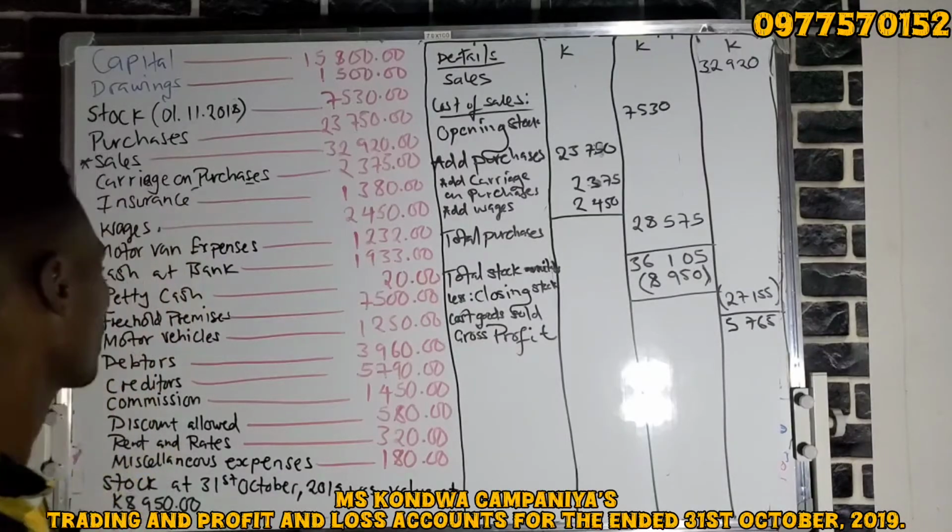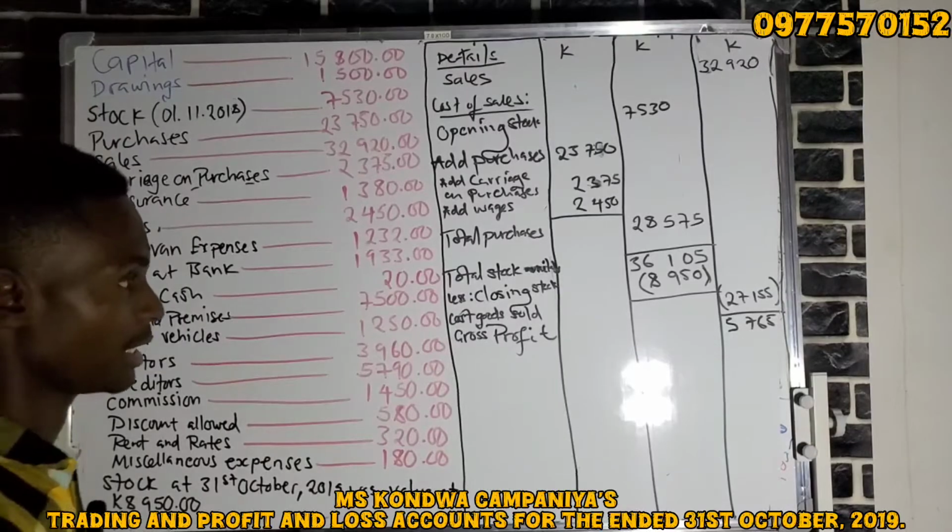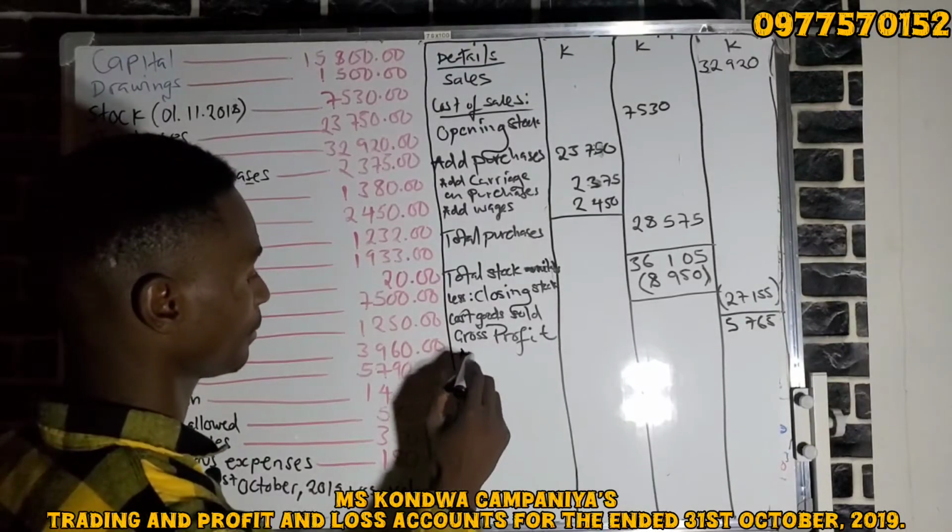Now let's check if we have any income. We have commission here. Commission is income, so we can write here, add income.